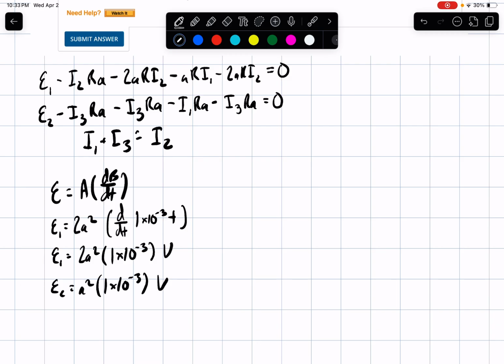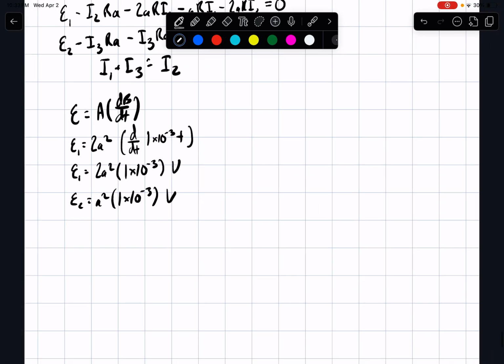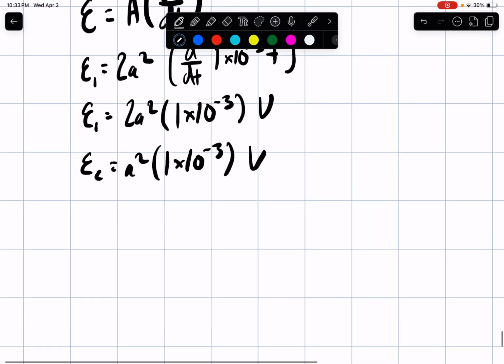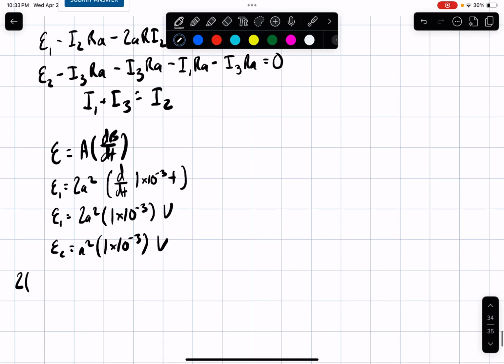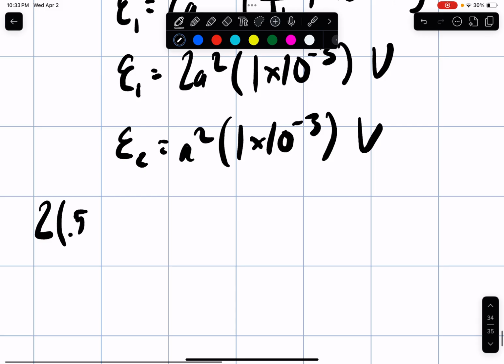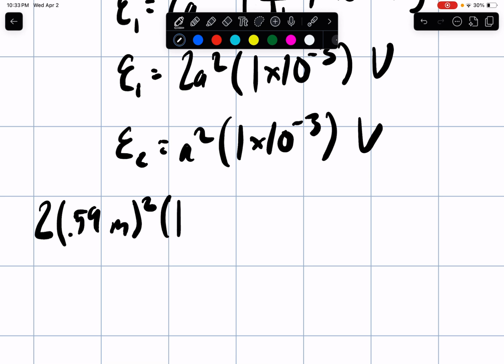So plugging things in, we have that your epsilon 1 is 2 times A squared, and A was 59 centimeters, so 0.59 meters squared times 1 times 10 to the negative third. The total unit here for E1 would be volts, which is what you need.